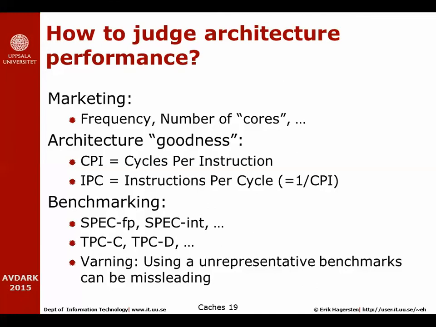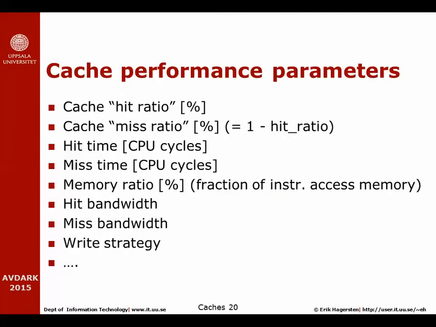Here we're going to talk about the goodness of a cache implementation itself, so we're going to look at specific ways of measuring that. In order for us to tell if a cache implementation is good or bad, you may want to know its hit ratio: what is the likelihood that an accessed piece of data actually is in the cache?